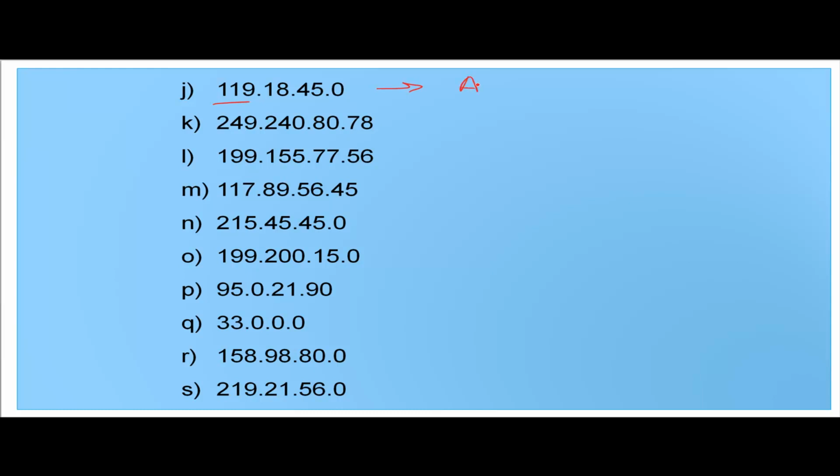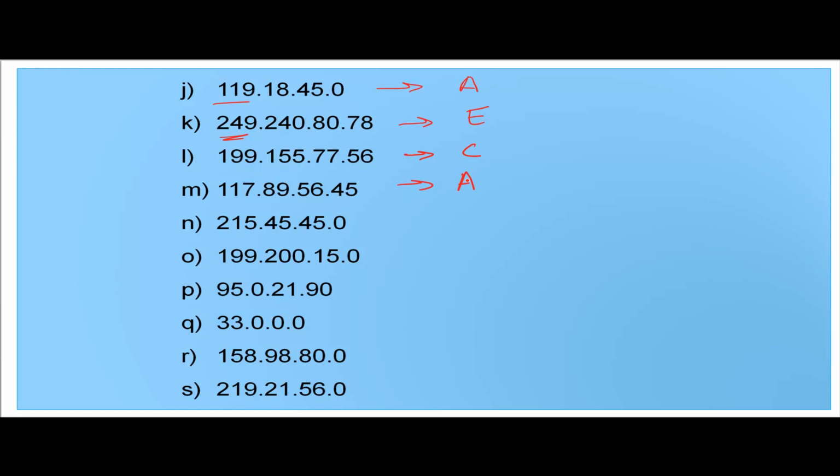Then 249. This is going to be class E. This is a class E IP address. Then 199, it is a class C IP address. 117 is a class A IP address.